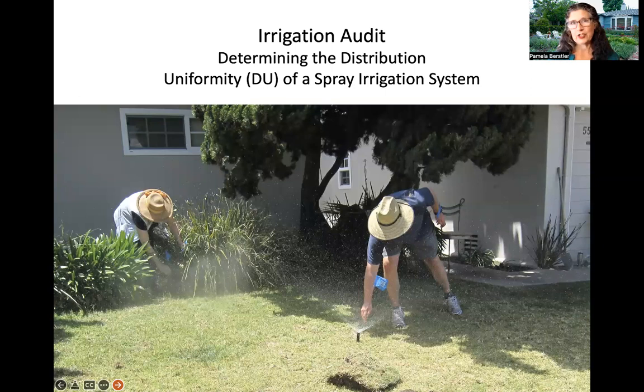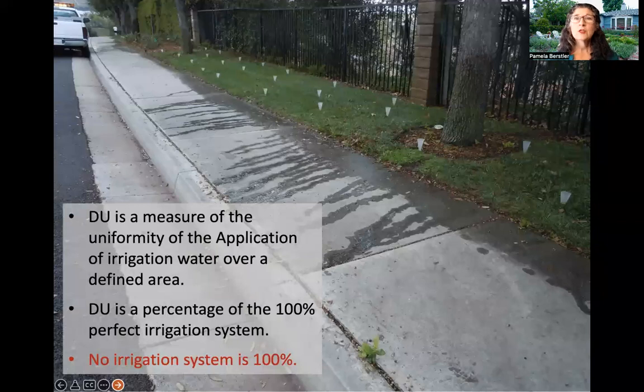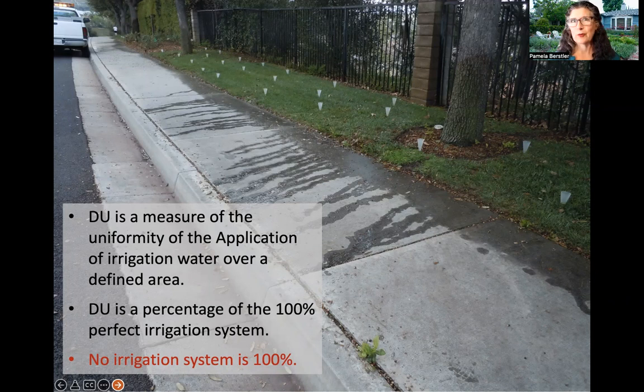An irrigation audit is basically determining the distribution uniformity of a spray irrigation system. You can do them with drip, but for the purposes of today's exercise, we're just going to be focusing on spray. So I'm going to read the definition of distribution uniformity.